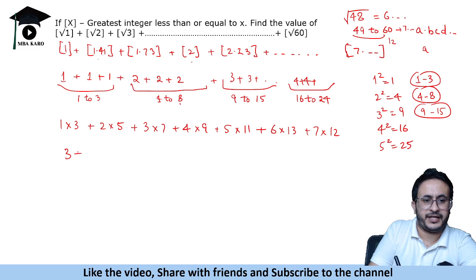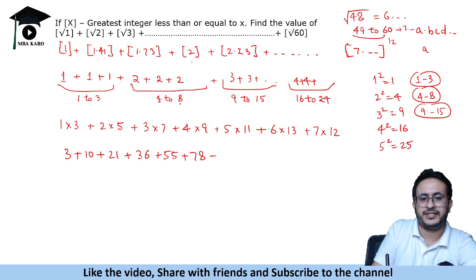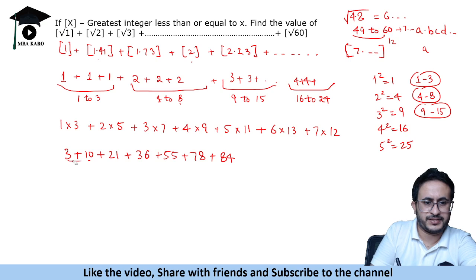So just multiply and add. This is 10, this is 21, this is 36, this is 55, this is 78, and this is 84. So we can add the numbers this way.